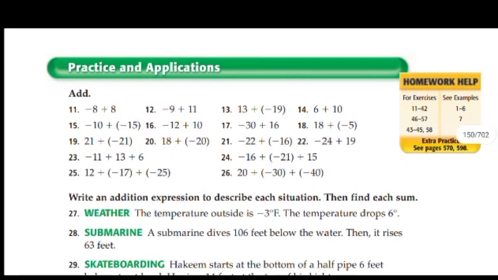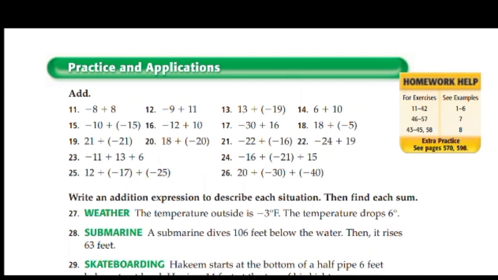Okay, next, practice and application. Add. 11. Minus x plus 8. 12. Minus 9 plus 11. 13. 13 plus minus 19. 14. 6 plus 10. 15. Minus 10 plus minus 15. 16. Minus 12 plus 10. 17.